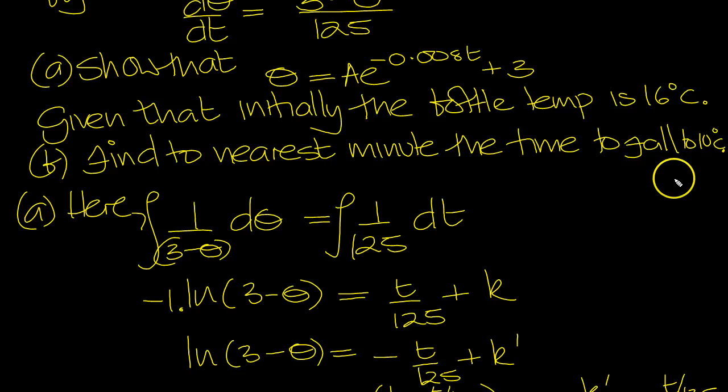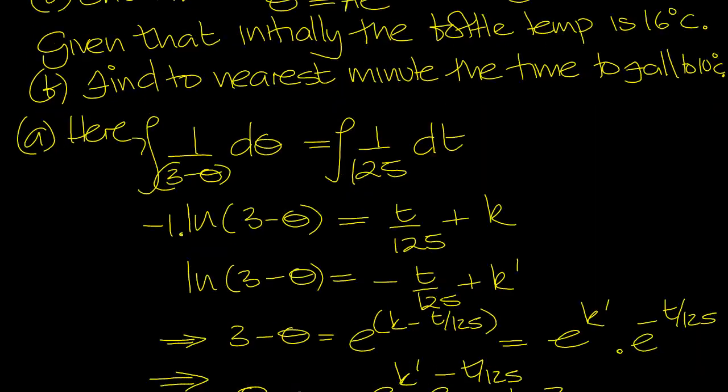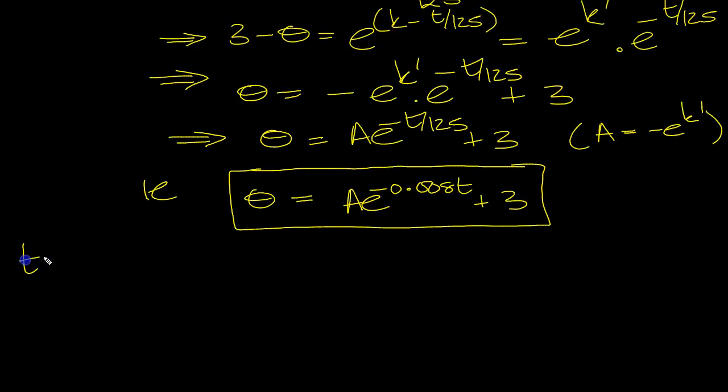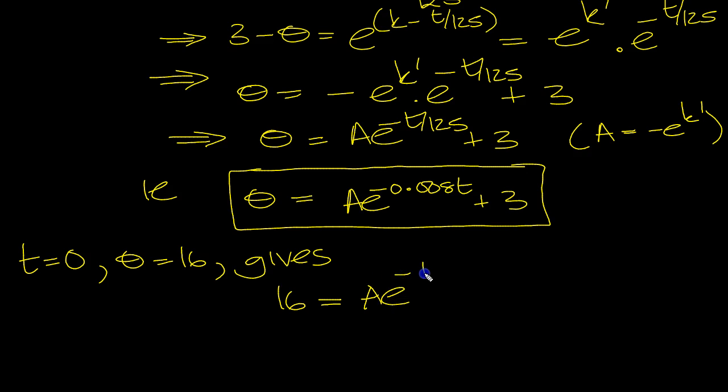Given that initially the bottle temperature is 16 degrees centigrade, find to the nearest minute the time for the temperature to fall to 10 degrees C. So initially, t equals 0, theta is equal to 16 gives, let's see, 16 is equal to A e to the minus 1 over 125 times 0, so this would be e to the 0, and e to the 0 is 1, so we can just write it as A plus 3.